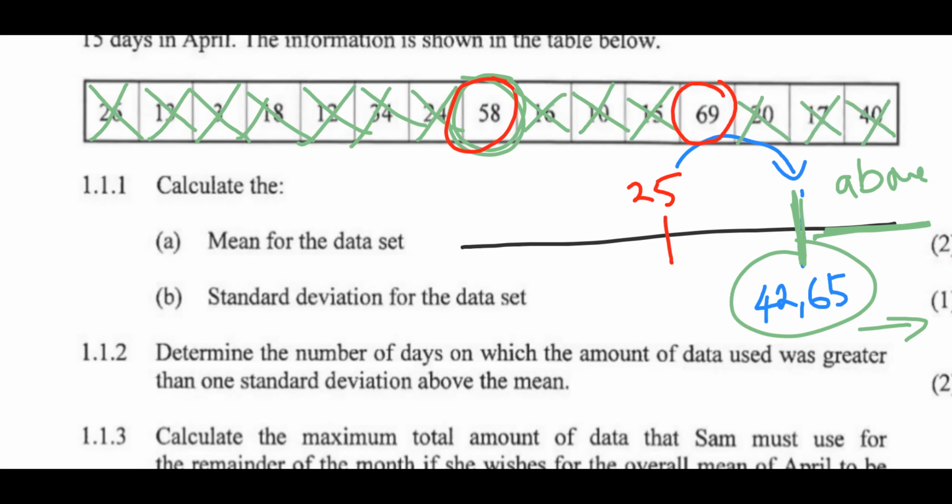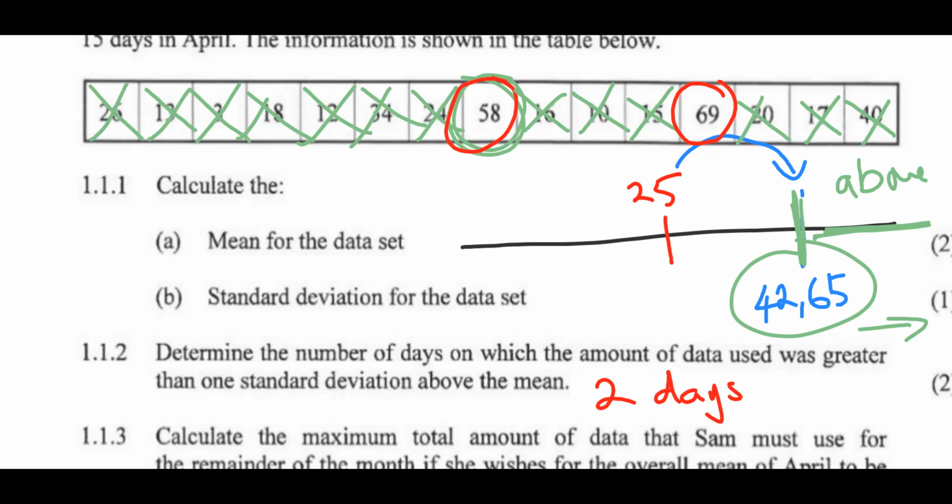So there's actually just 2 days that lie above 1 standard deviation of the mean. And so that's how you answer this question. You'd say 2 days lie above 1 standard deviation of the mean.